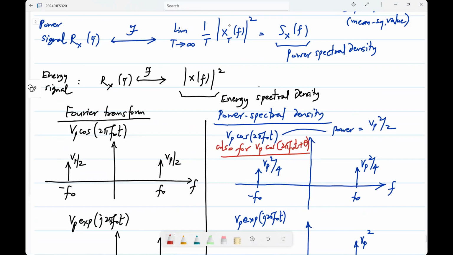Now this type of representation is common in some areas, where the frequency axis runs from minus infinity to infinity. Now what is the property of real signals for the Fourier transform magnitude or the power spectral density? It will be symmetric, right? The negative part will be the same as the positive part. So because of that, in many areas it is common to have only one side shown.